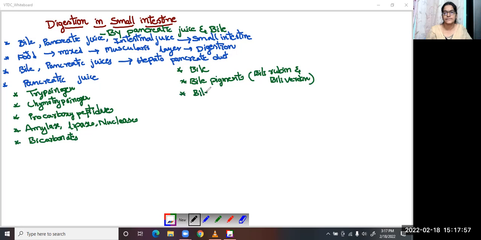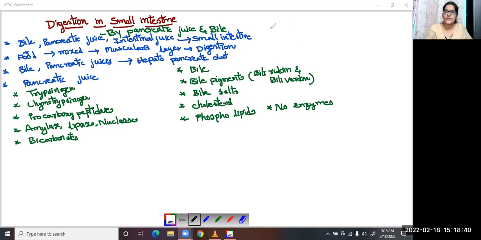Bile salts, cholesterol, and phospholipids. So these all are the constituents that are present in the bile. But enzymes are absent in the bile. No enzymes are there in the bile. So it is a very important point to remember.